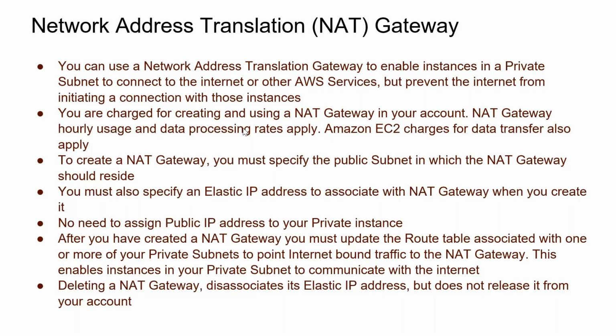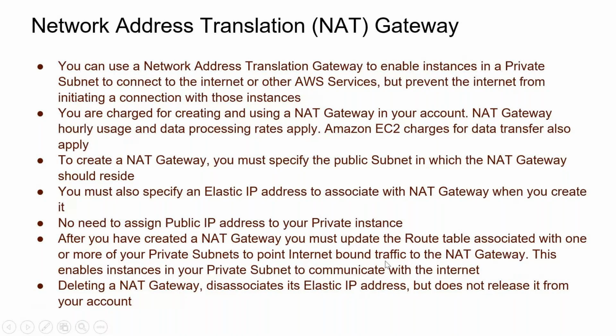Next, no need to assign a public IP address to a private instance. Of course, a private instance will not have a public IP. So without a public IP, you are able to connect to the internet. After you have created a NAT gateway, you must update the route table associated with one or more of your private subnets to point internet bound traffic to the NAT gateway.